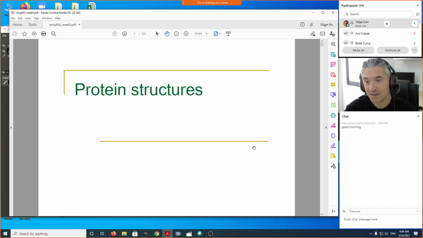Because if it's a functioning protein structure that has a single amino acid chain, then its fourth level and third level are the same thing. But there are also protein structures, as I told you, which are composed of a combination of multiple chains.